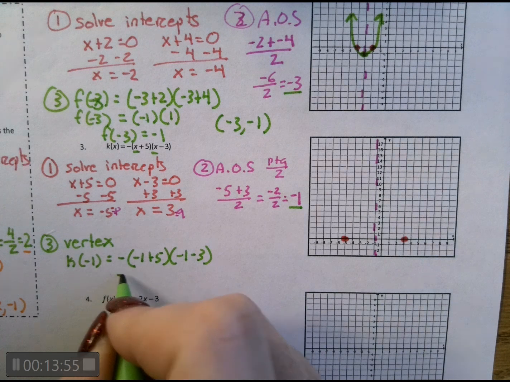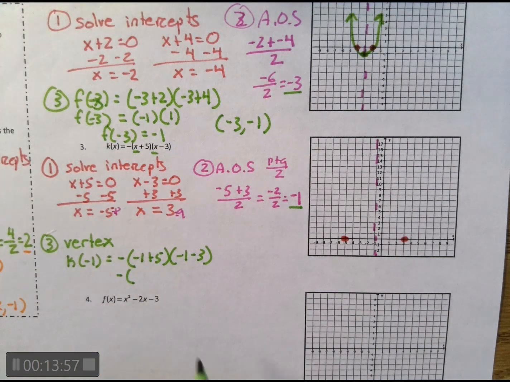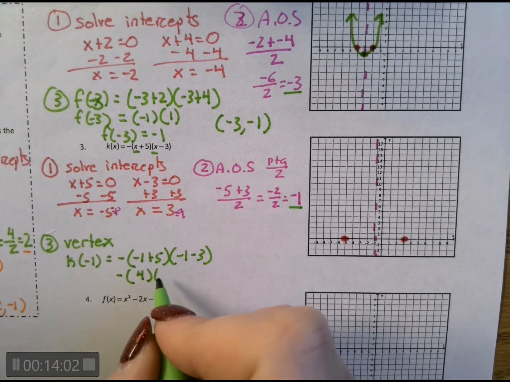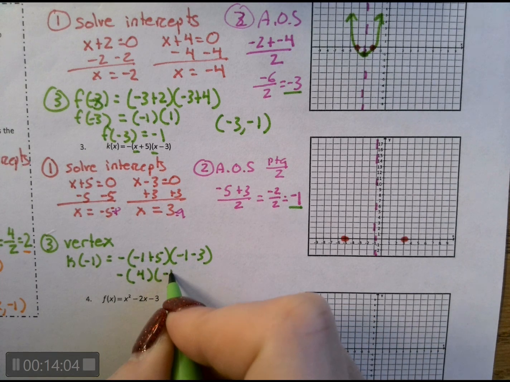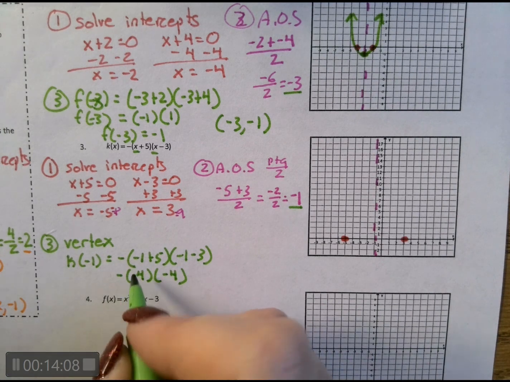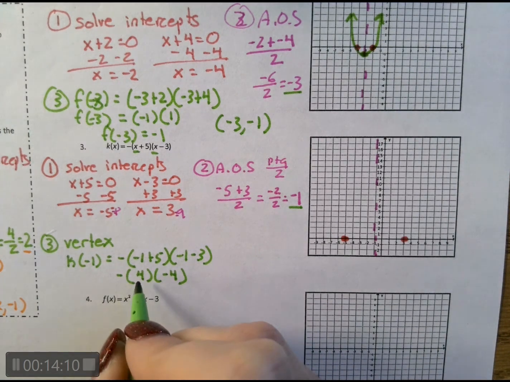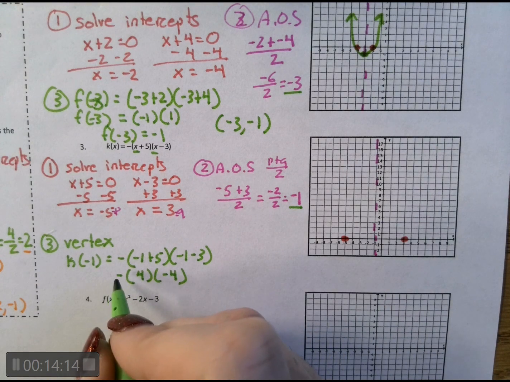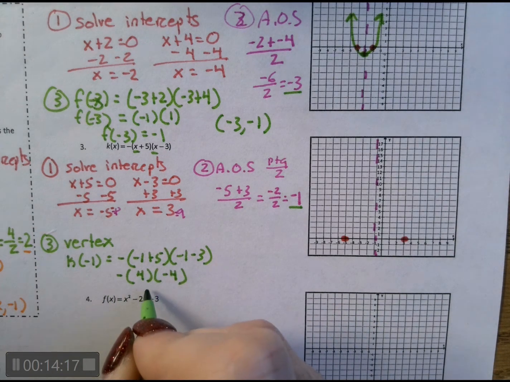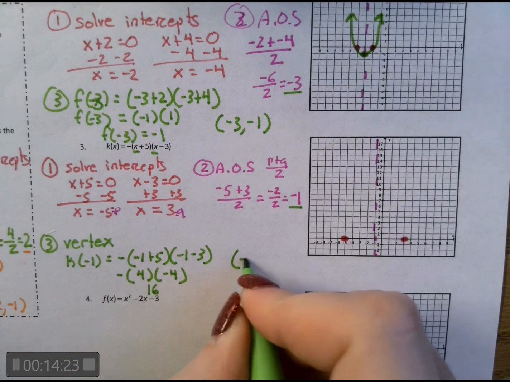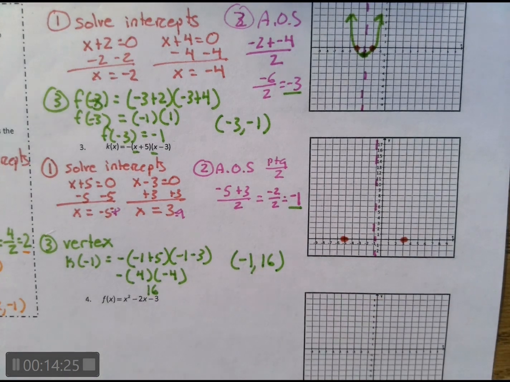So then negative 1 plus 5 will give me 4. Negative 1 minus 3 will give me negative 4. And then negative 4 times negative 4 will give me negative 16. Times the negative out in front will give me a positive 16. So then our vertex is negative 1, comma, 16.